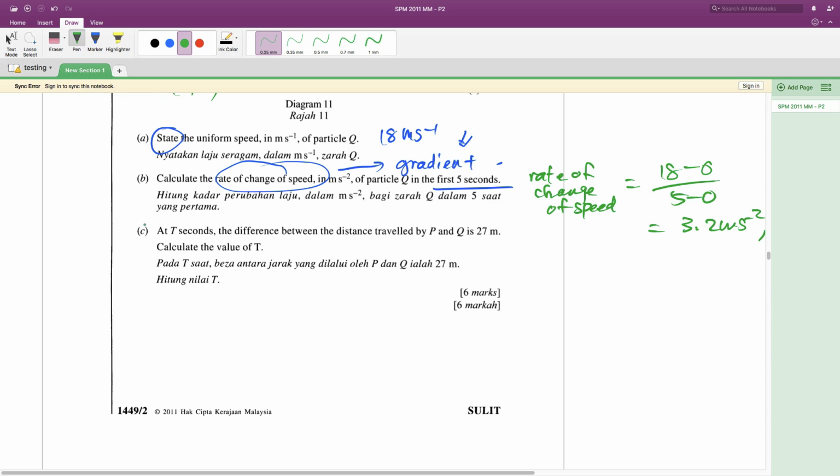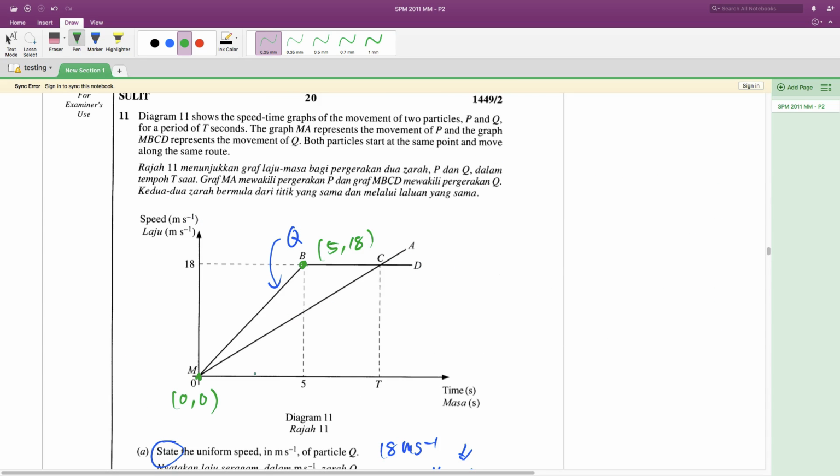Okay, then for part C, at t second, the difference between the distance traveled by P and Q is 27, because this is a speed-time graph. For a speed-time graph, in order to find the distance, it is the area. In a speed-time graph, distance is equal to area.